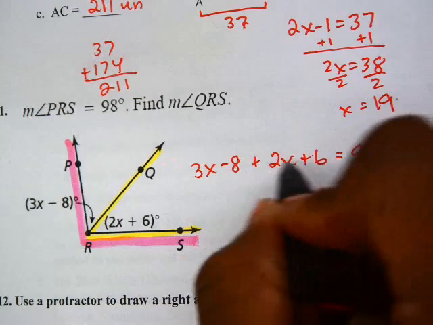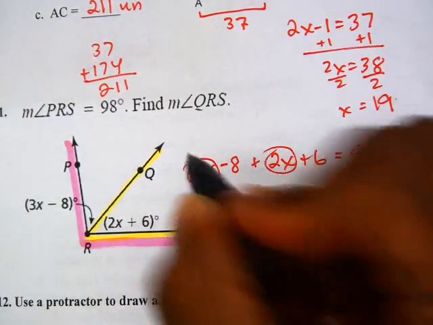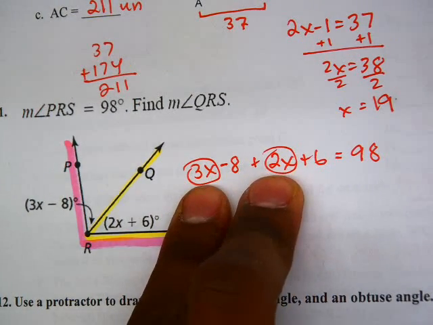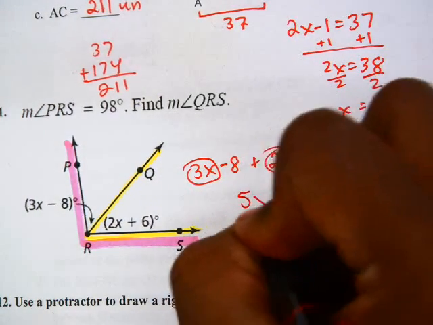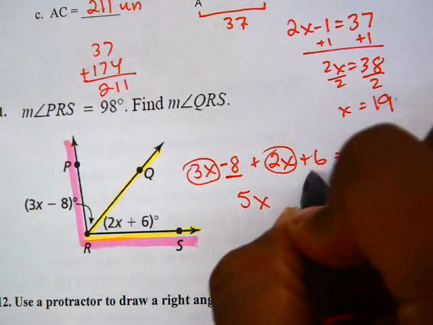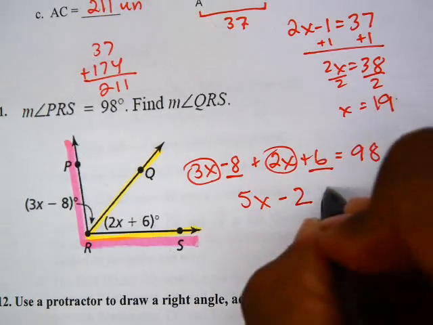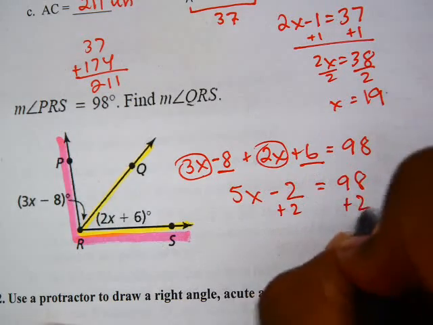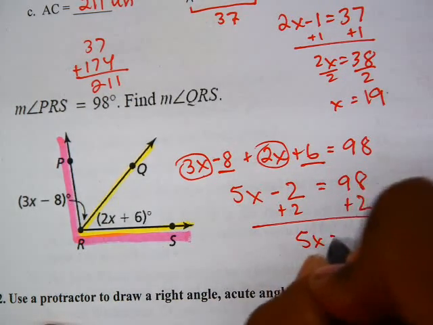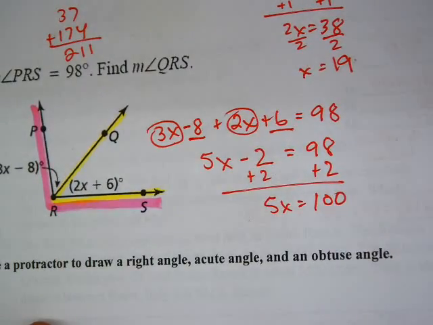So I'm going to combine like terms, since all these terms are on the same side of the equal sign. 3x and 2x make 5x. Negative 8 and positive 6 make negative 2. Add 2 to both sides. That equals 100.